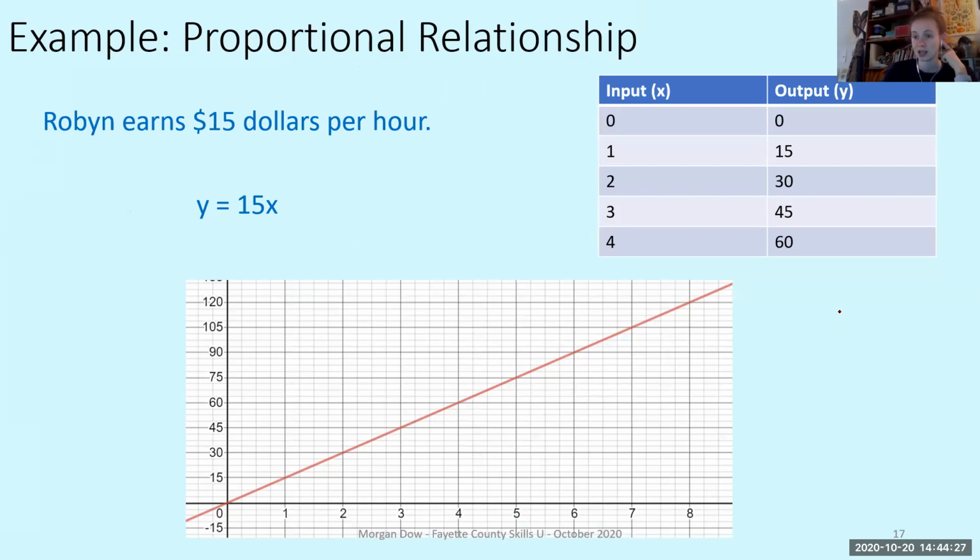So it's this special type of relationship between input and output. We know it's a proportional relationship because when Robin puts in 0 hours at work, she makes $0, right? So it is a straight line through the origin. It is a proportional relationship.